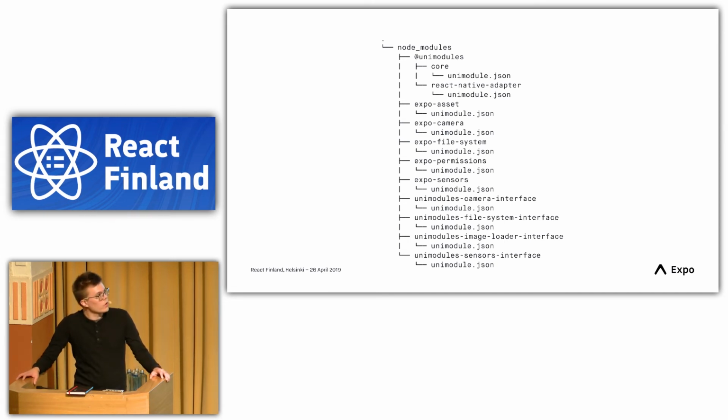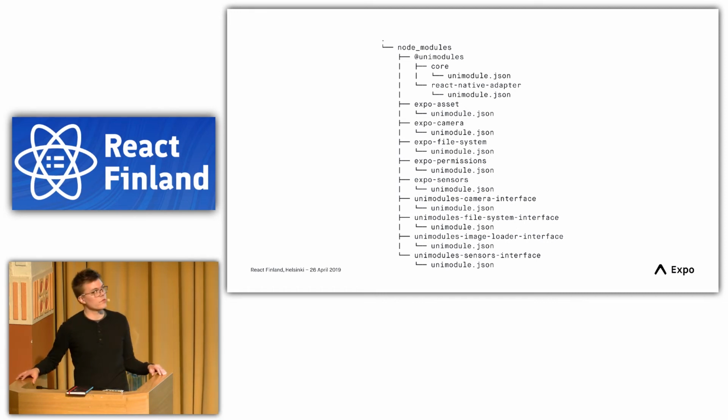So the macro for Gradle or CocoaPods looks through the node_modules folder, looking for any unimodule.json, and then adds those as dependencies to be compiled for those platforms.